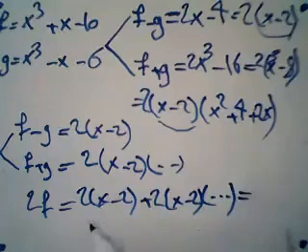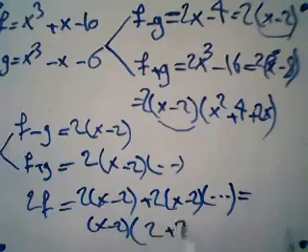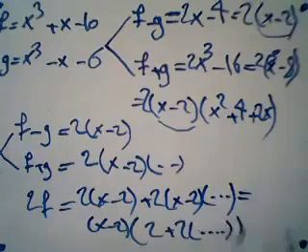And this is x minus 2 times 2 plus 2 times the parentheses.